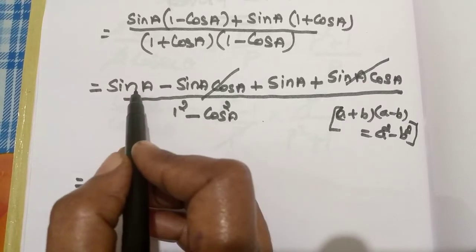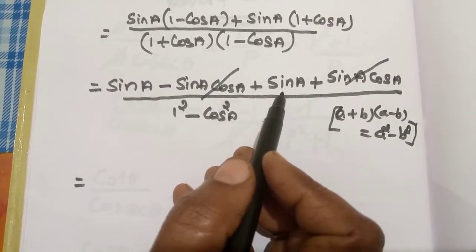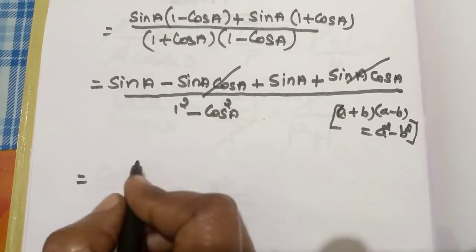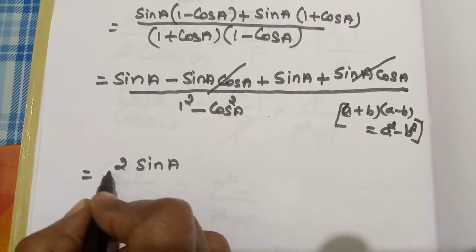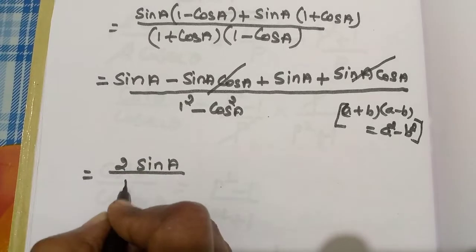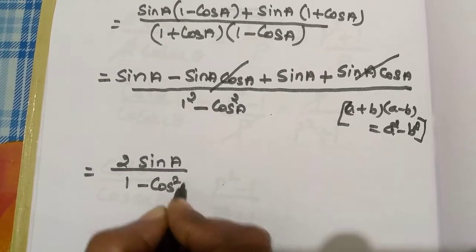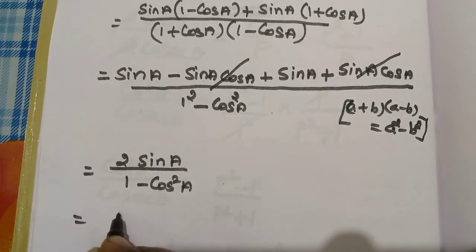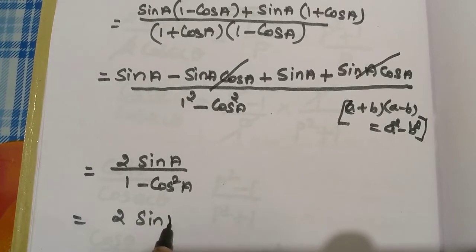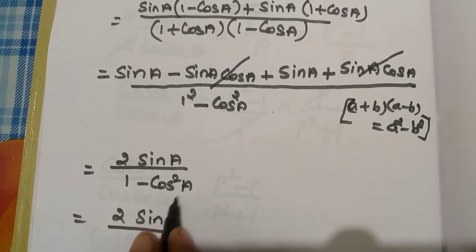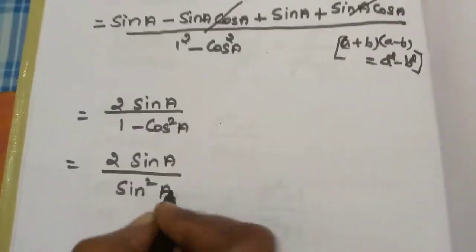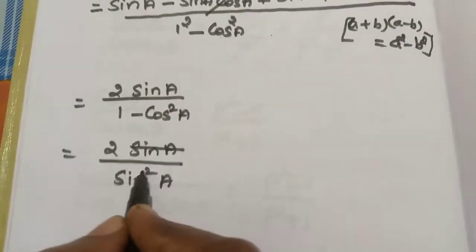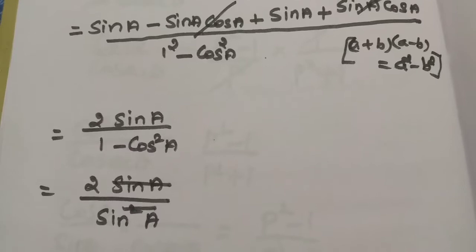Remaining we have sin A plus sin A, that is 2 sin A, divided by 1 square, we can write 1 minus cos square A, which is equal to 2 sin A by 1 minus cos square A, which is sin square A. So here one sin A term and one sin A term can be cancelled.